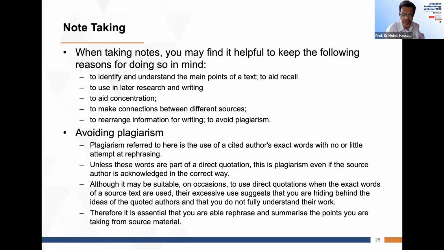Okay, you use direct quotations when the exact words of a source text are used. So in other words, when you pluck out the exact words, you use it as a direct quotation. If you use it too often, excessive use suggests that you are hiding behind the idea of a quoted author, and you do not fully understand your work.